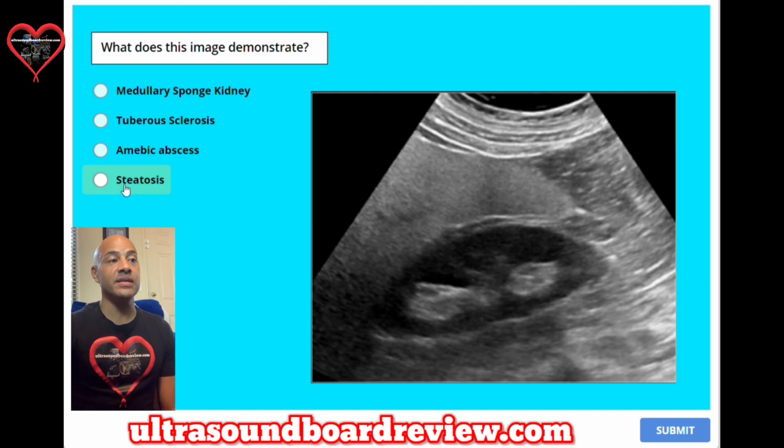The answer is D, steatosis. Normally, the kidney will be a little bit more hypoechoic than the liver. Patients with steatosis will cause the liver to be a lot more hyperechoic, making the kidney look a lot more hypoechoic.